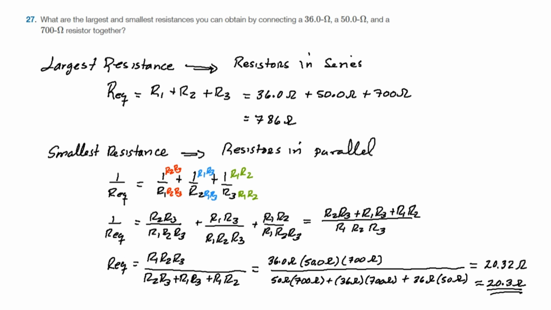Now, the equivalent resistance in parallel is always smaller than the resistance of the resistor with the smallest resistance. In this case, the smallest resistor is 36. So if you find that resistance in parallel, you know you have to get a number less than 36. If you get greater than 36, you did something wrong.